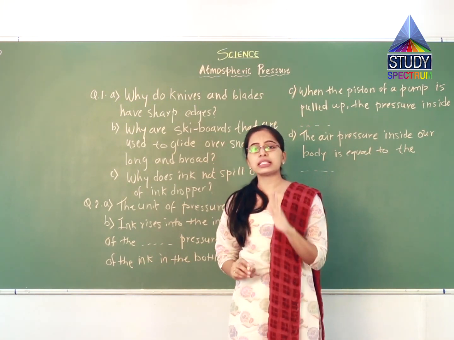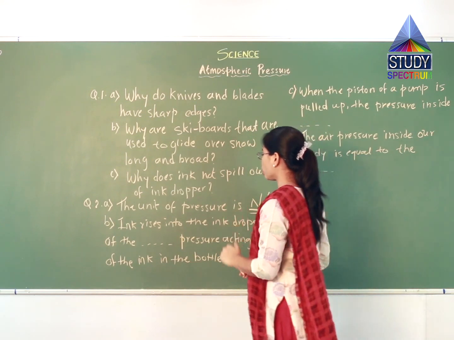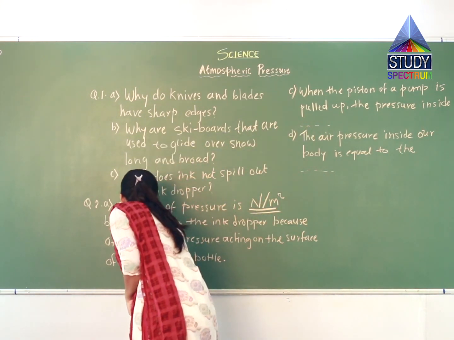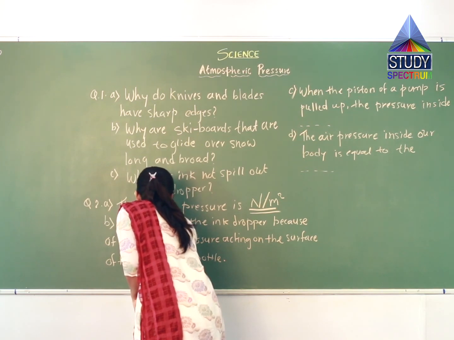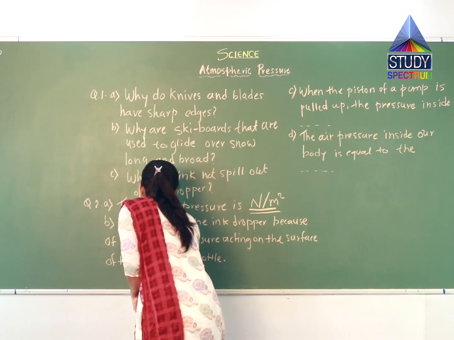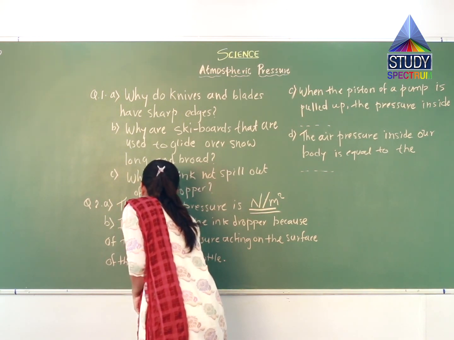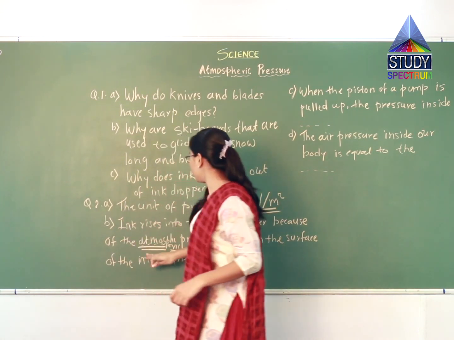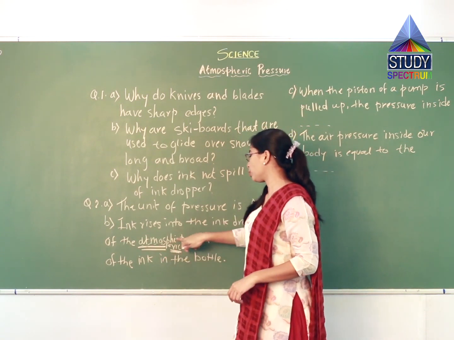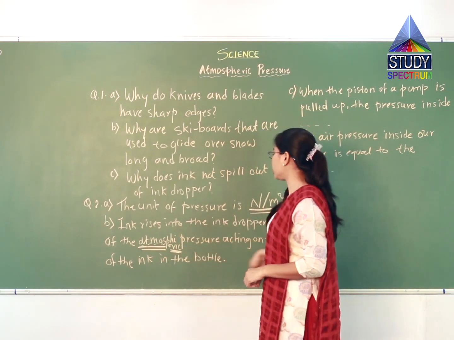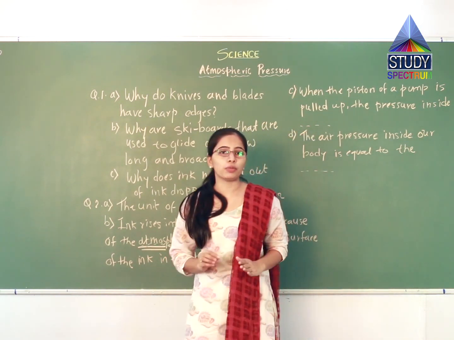So your answer is atmospheric pressure. You will write it here. I have little place here, so you can write it properly. It is atmospheric pressure acting on the surface of the ink in the bottle.